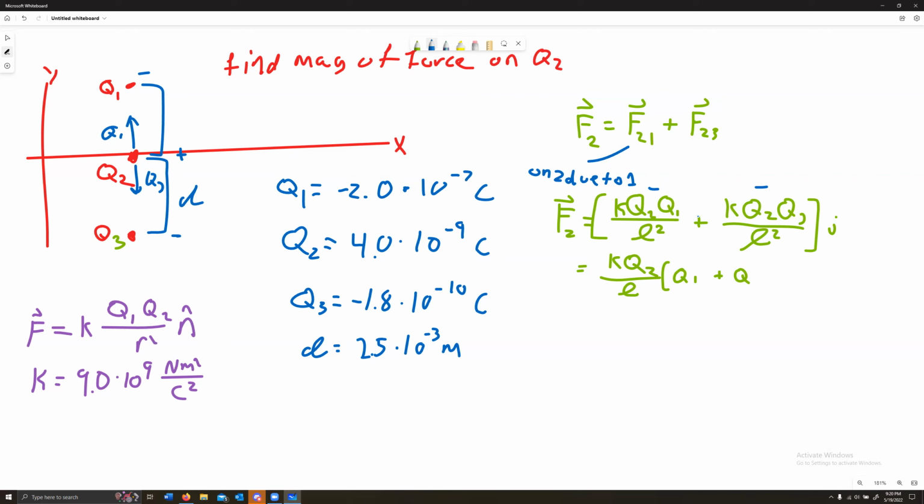The problem that I ran into here was that we want to talk about this in regards to the perspective of the q2 particle. So what I did was, okay, I want the direction of q1 to be positive. If I'm pulling my particle q2 in the direction of q1, I want that to be in a positive direction, like mathematically.